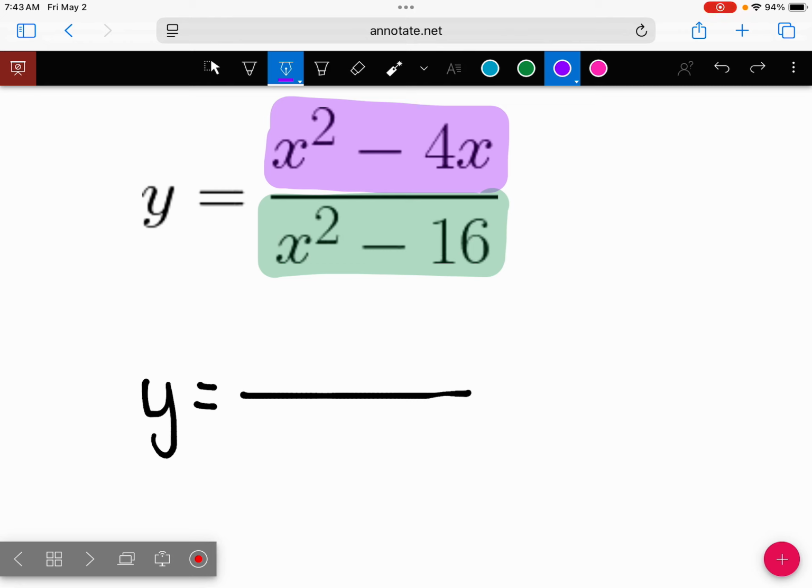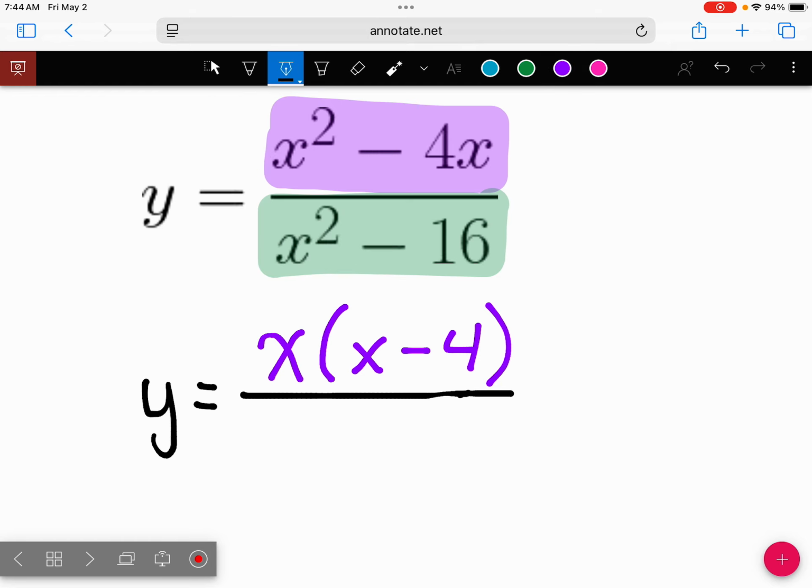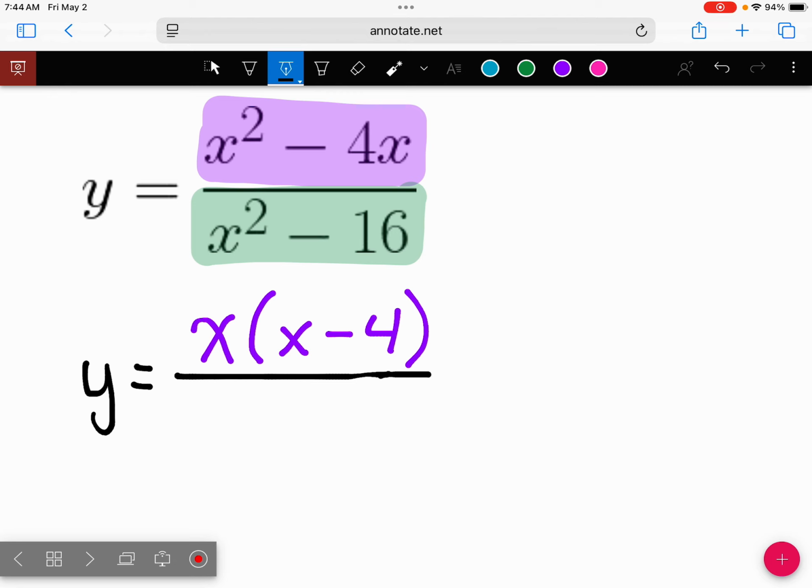X. I can factor an x out of both of those pieces. We get an x minus 4 left over. So this numerator just has a greatest common factor. What about our denominator? What's going on there? Factor, more specific.